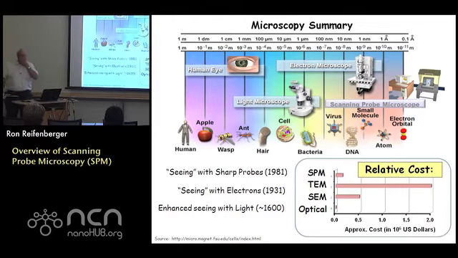So to begin with, I'd like to just provide an overview of microscopy in general and try to emphasize a few points. If you look at microscopy, it basically spans about 10 or 12 orders of magnitude in distance, right?